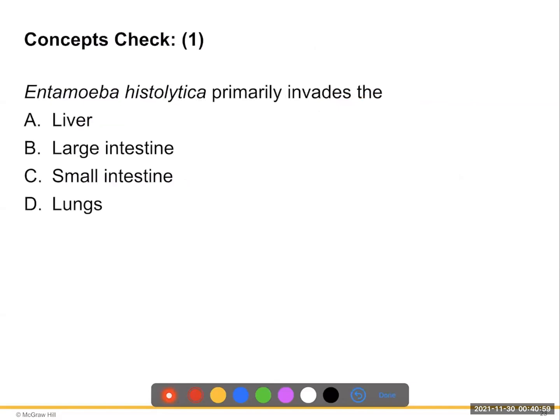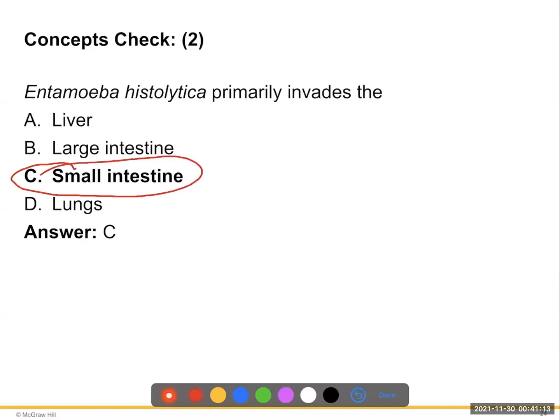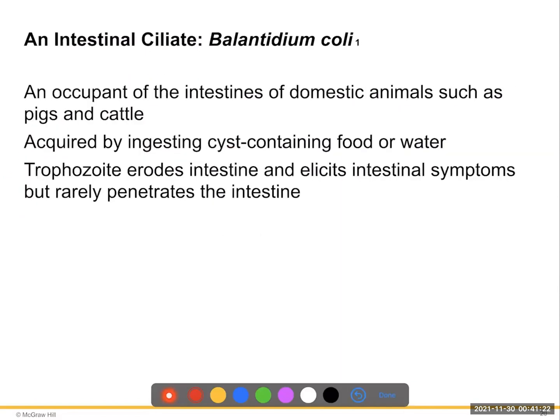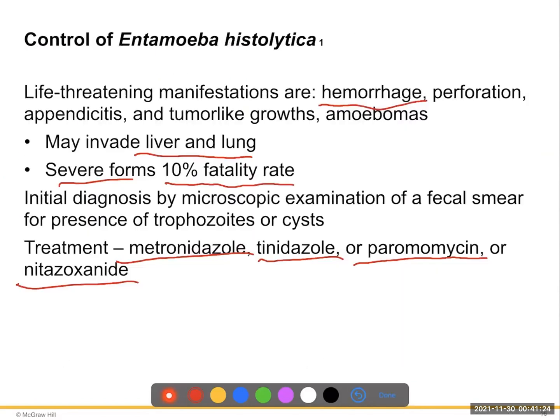So, Entamoeba histolytica, it primarily invades: does it invade your liver, your large intestine, your small intestine, or the lungs? Was it the large intestine? It was the small intestine. Oh, yeah, small. It invades into the small intestine. That's what it adheres to. Let me go back a little.